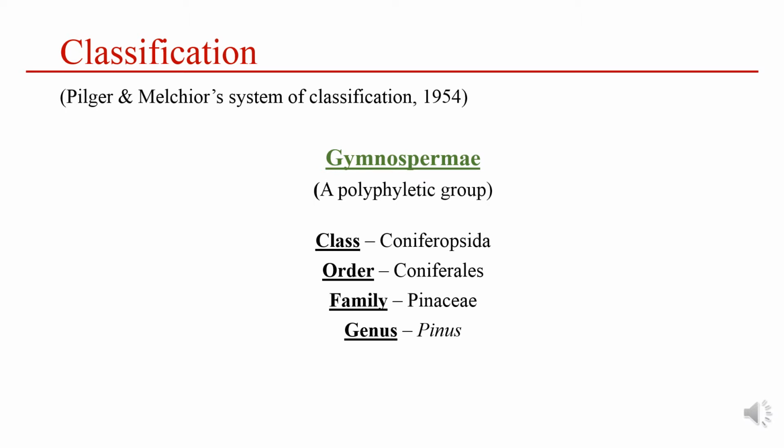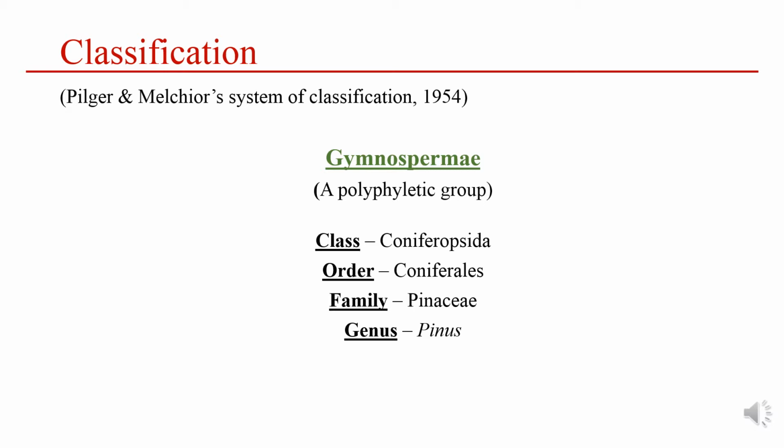This group was equivalent to division. Under gymnosperm, they recognized three classes: Cycadopsida, Coniferopsida, and Netopsida, and put Pinus under class Coniferopsida.